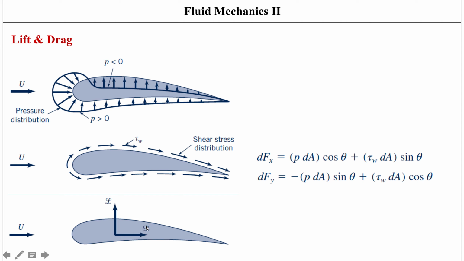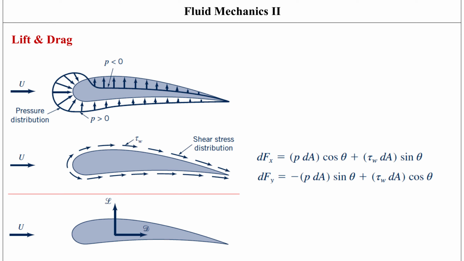That is being represented by D here. And then the resultant force that is normal or perpendicular to the upstream velocity is termed as lift. Okay, so these two are basically the resultant forces based on the normal and the shear stresses.